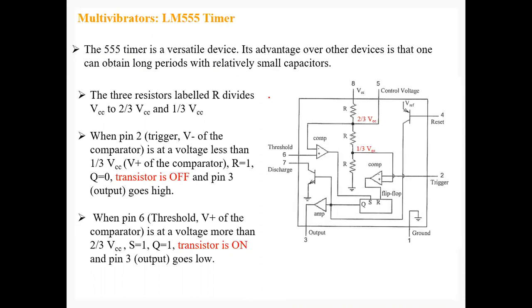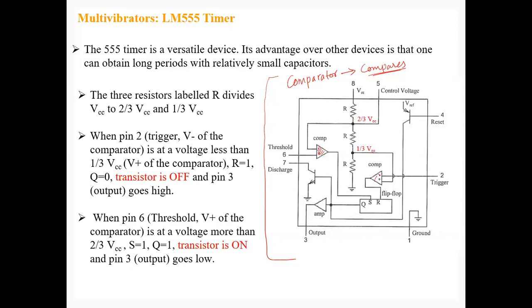Now this is what the configuration looks like. This is the configuration of the 555 timer. So what is inside? We say comparator here, COMP. There's something that compares, and that's called a comparator.